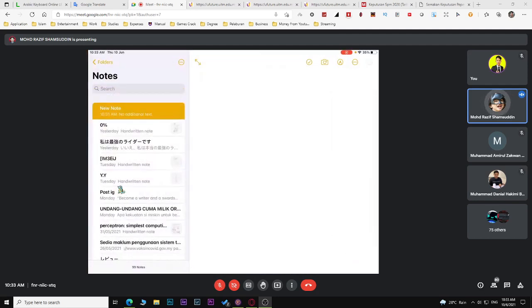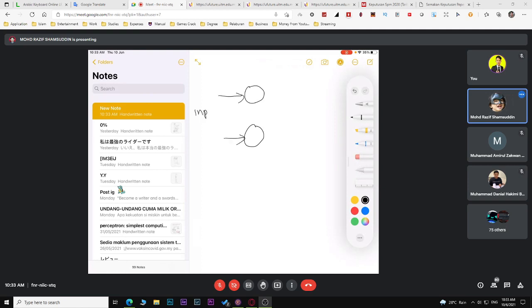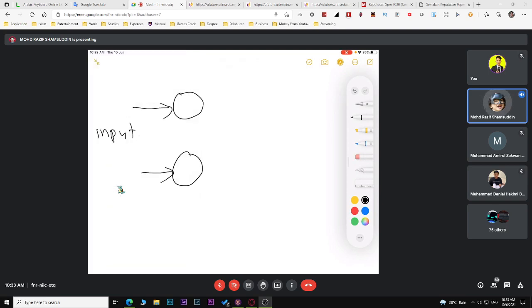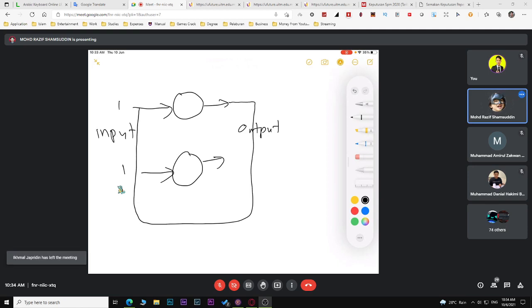If I draw a simple recurrent neural network. So this is your input. And then this is your output. So whatever that is fed into the input, contohnya one for example, alright, so the output will go back to the input.